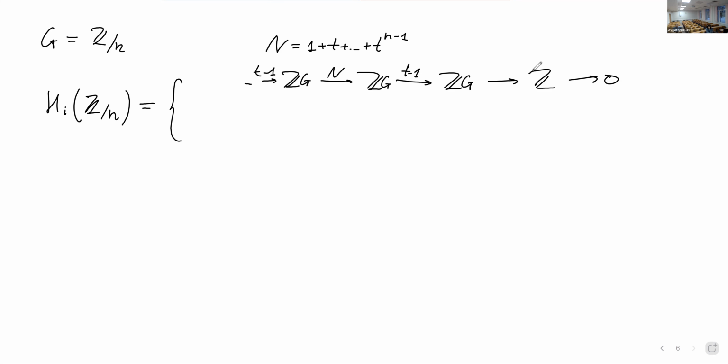And again, taking the coinvariants, we obtain something like this. So 0 again.